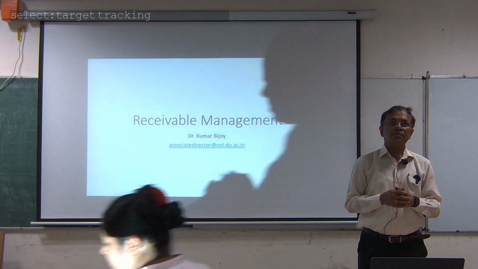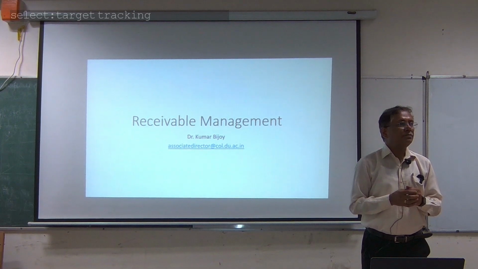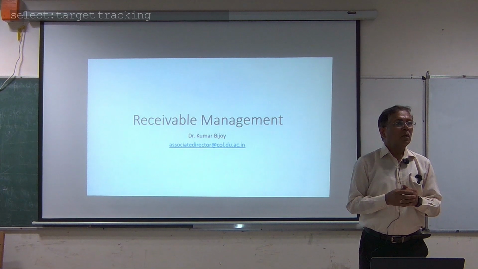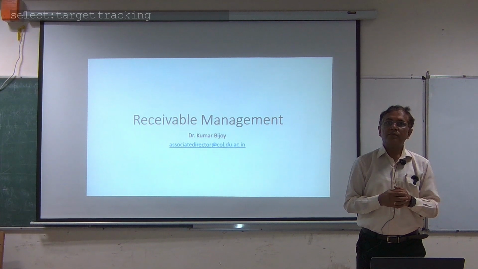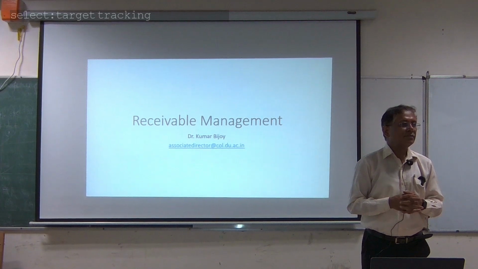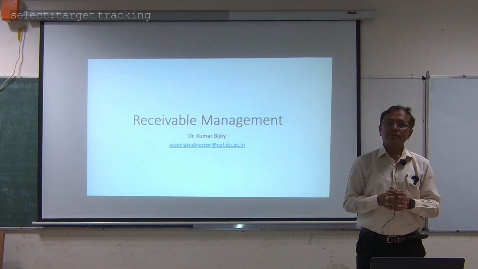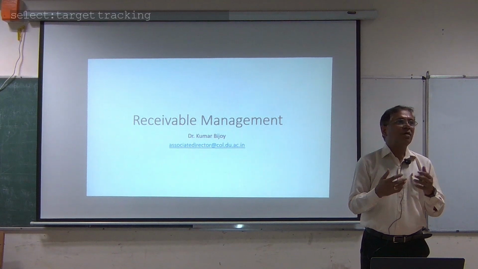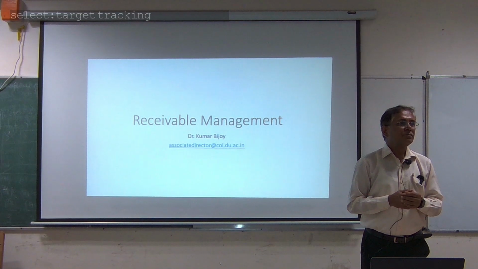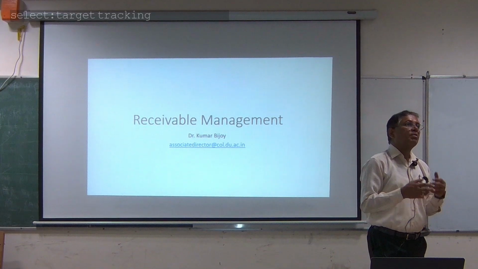First reason is you have to view whether these sales which you are making, how strong competition is, what is the nature of the product, what is the ability of buyers to pay. These are certain aspects which decide that if you don't extend credit, you will not be able to sell.